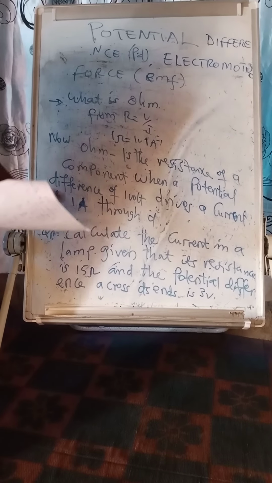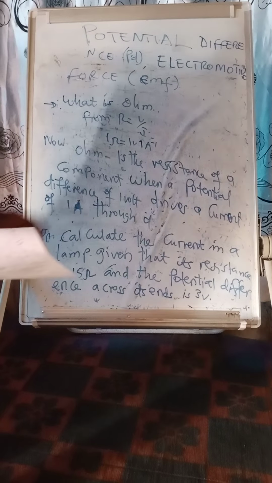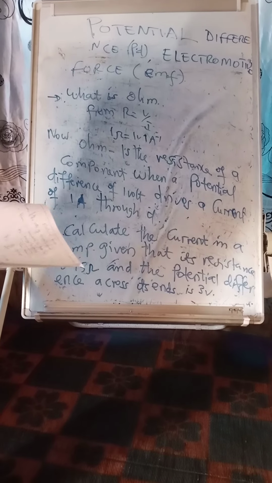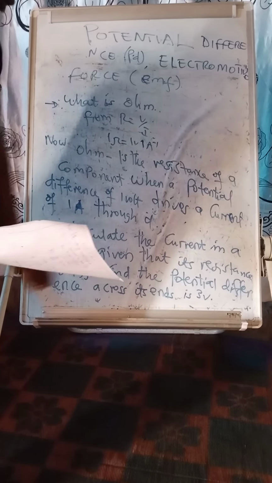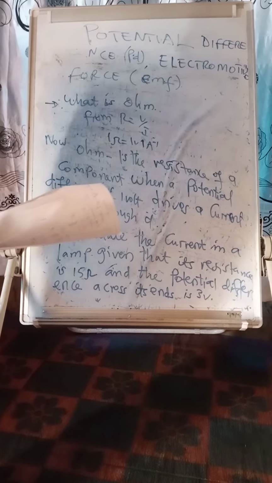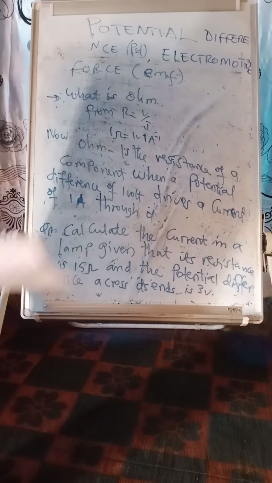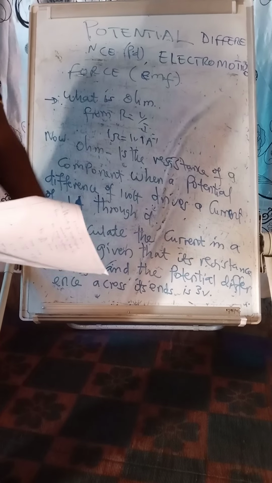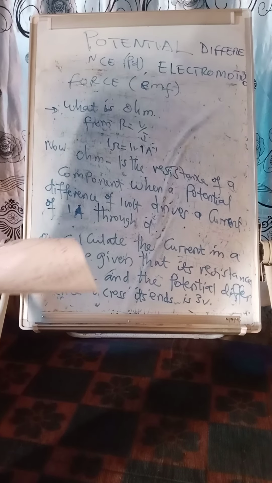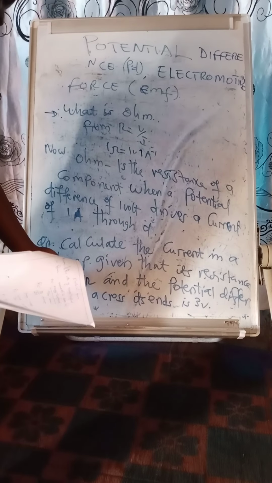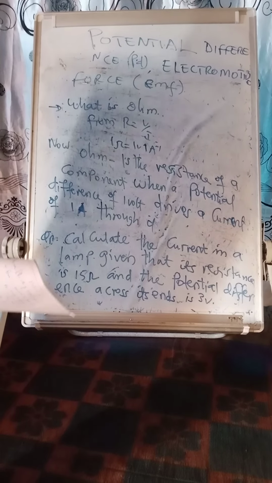So now let us solve this question. Calculate the current in a lamp given that its resistance is 15 ohm and the potential difference across its ends is 3 volts. The given data is potential difference, which is 3 volts, and resistance, which is 15 ohm.